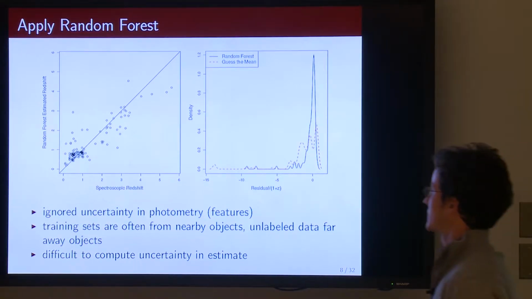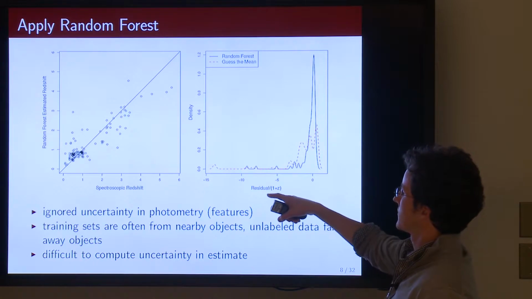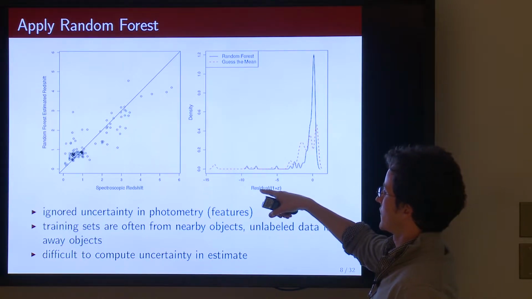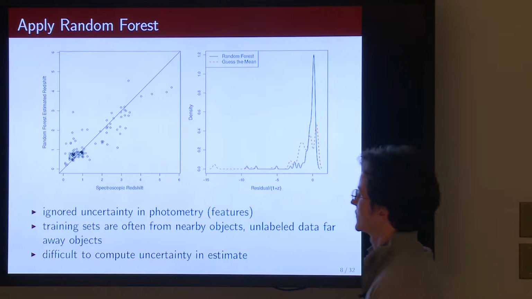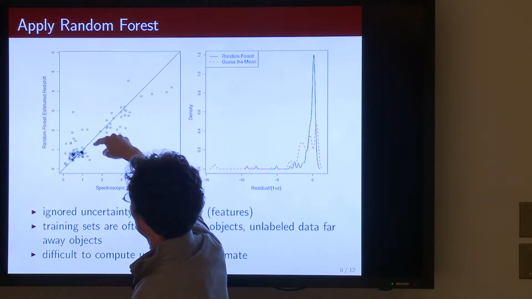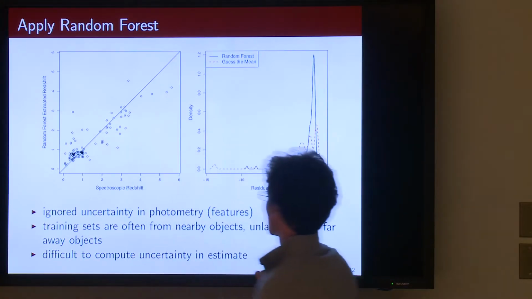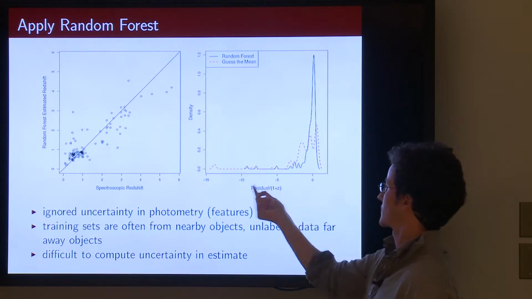A lot of times the quality of the redshift estimate is measured as the residual divided by 1 plus the true redshift. So the residual would just be the difference between the points here and the vertical identity line.